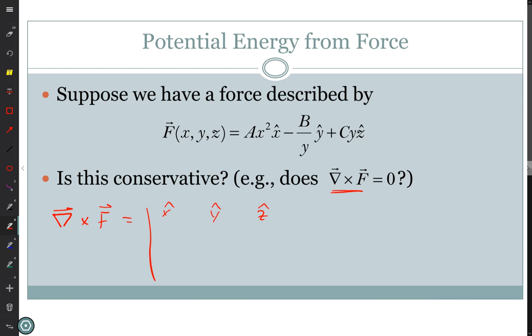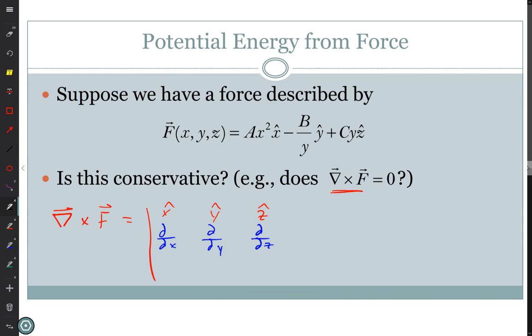So the first item in the cross product is the next row. And so that's going to be del, our gradient vector operator, which is in the x direction, d dx, in the y direction, d dy, and in the z direction, d dz. And then finally, I have the second part of the cross product, the force vector.